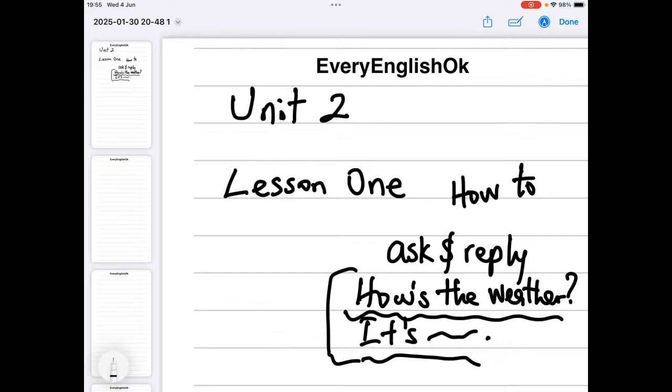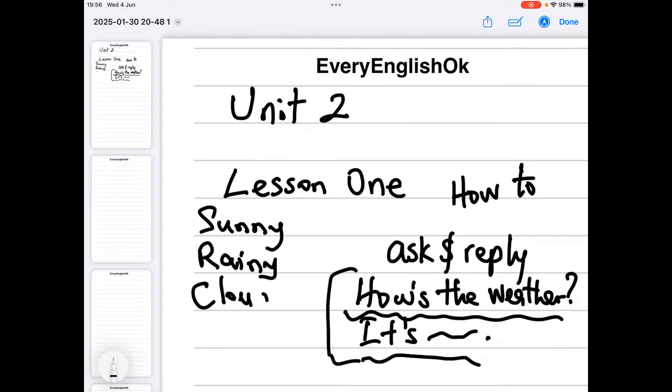Like I told you before, on their textbook, they only have it's sunny, it's rainy, it's cloudy, and snowy. So, like I said earlier on, I added stormy. Okay.